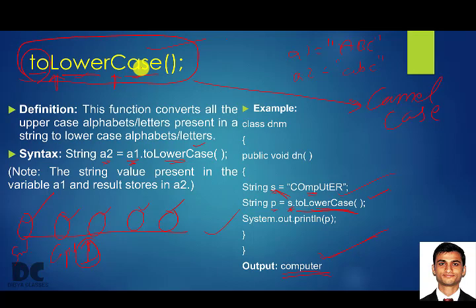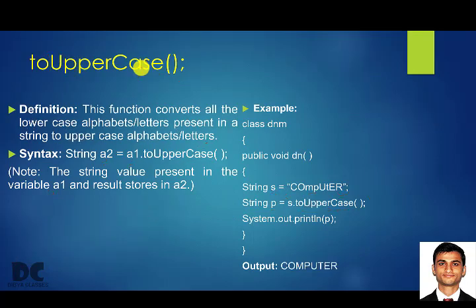Similar to toLowerCase, which will convert capital to small letters, we have toUpperCase. That is, it will convert the small letters to capital letters. And again, it is written in the same way, that is camel case. This function converts the lowercase alphabets or letters to uppercase alphabets or letters. The syntax is same. A1 contains the original string. A2 will contain the string after getting converted to uppercase. For example, here S contains Computer, mixture of both capital letters and small letters.